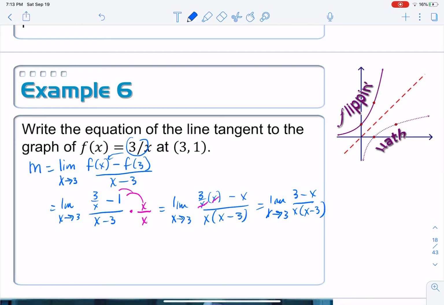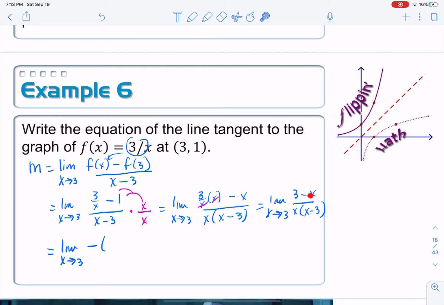Well, wait a minute. Nothing cancels out this time. They're not exactly the same. However, we can make this one up top look like the one on the bottom if we just factor out a -1. So let's try that. Limit as x goes to 3, factor out a negative sign. And across the top, it would just basically switch the signs of these.